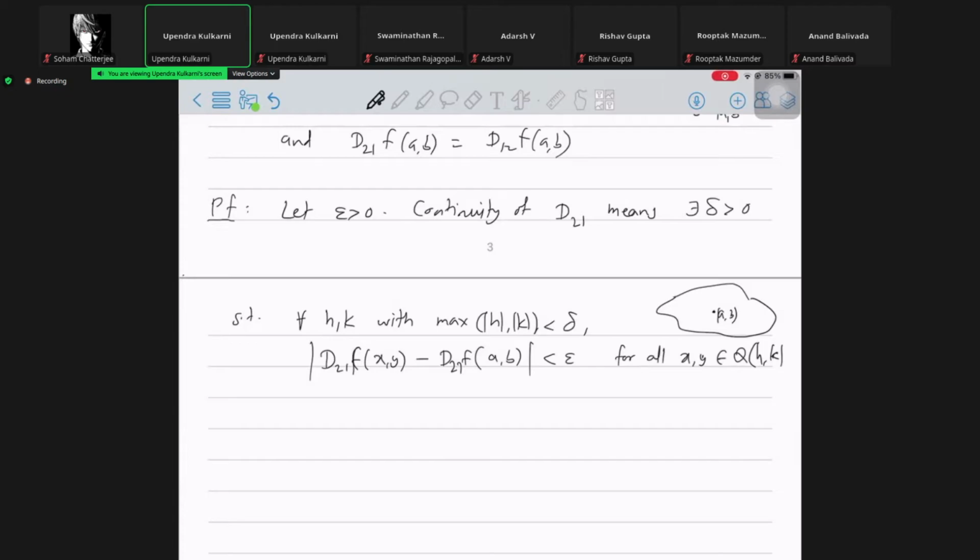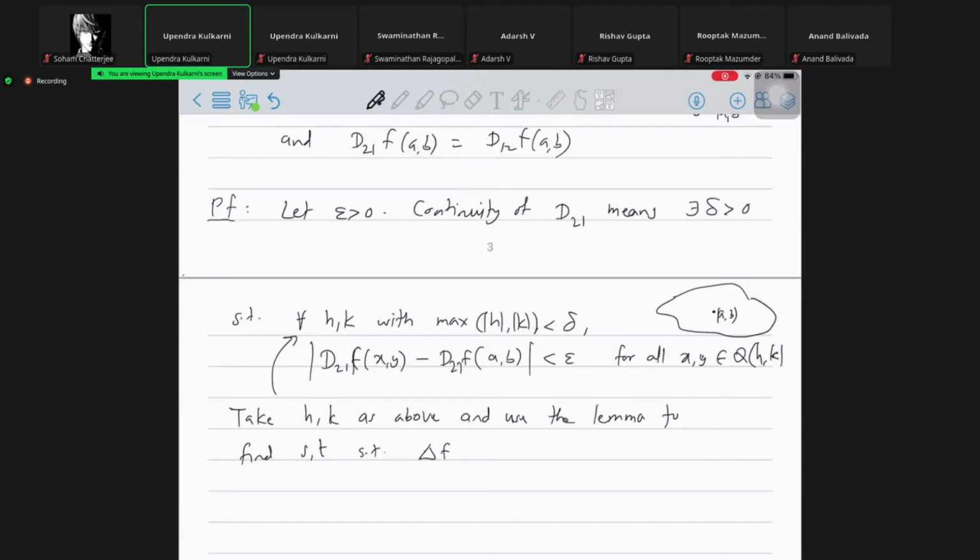So, D21 of f at (x, y). Take H and K as above, and use the lemma to find S and T such that, what did the lemma tell us?